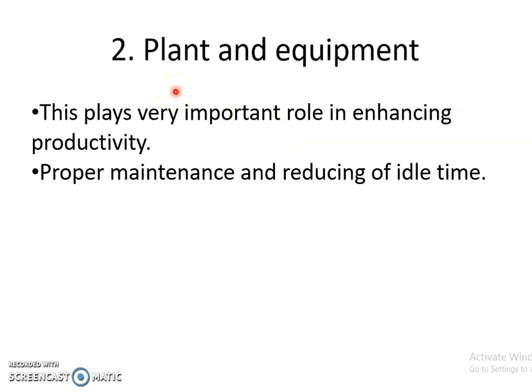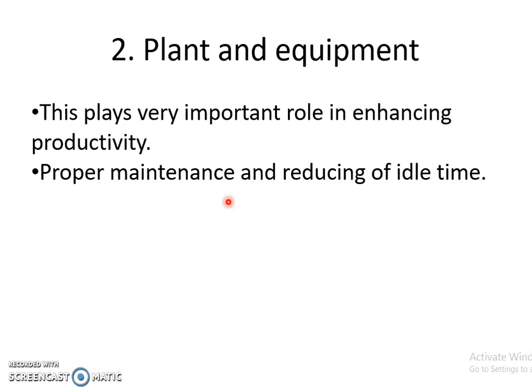Now next is the plant and equipment. Availability of machineries in the plant is very important and plays a major role in enhancing the productivity. Then its maintenance schedule, that is proper maintenance, and reducing the idle time have a major impact on the production process. If the production process is continuously going on and any of the machines goes under maintenance, that can incur a big loss.